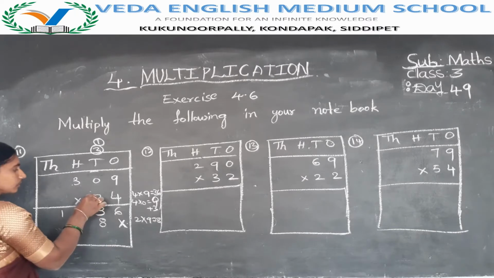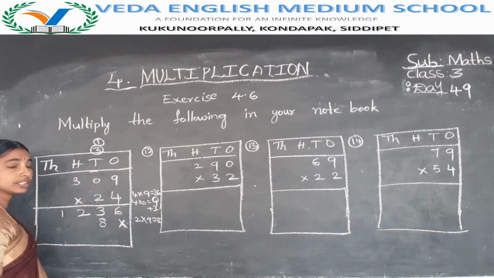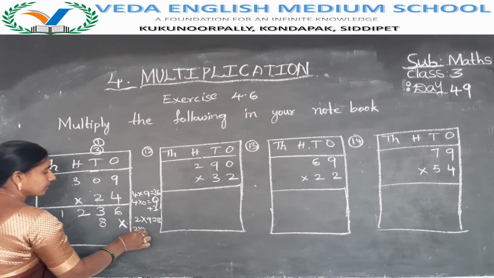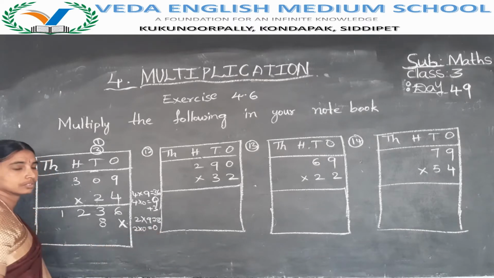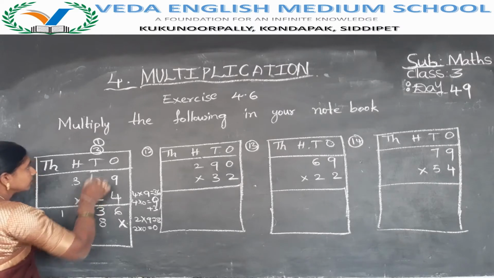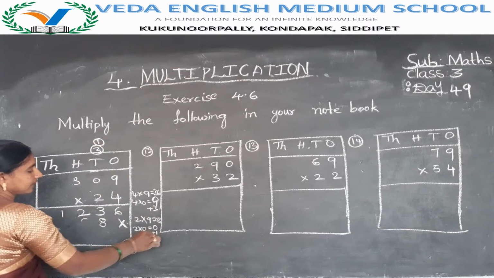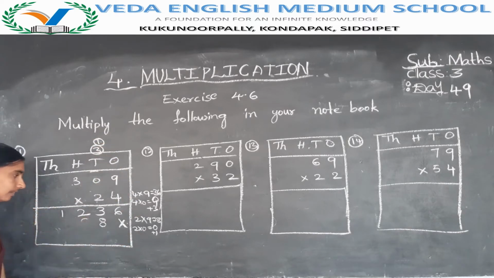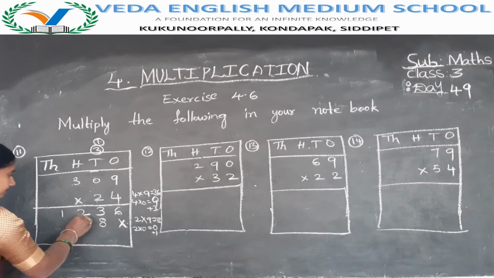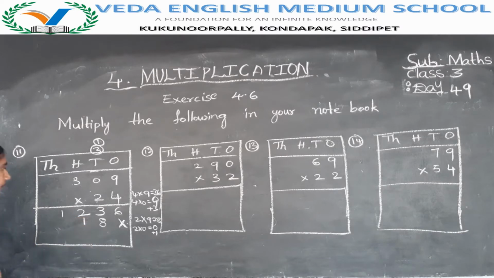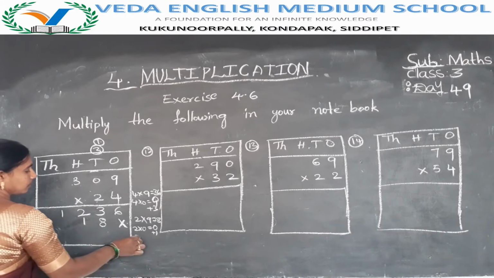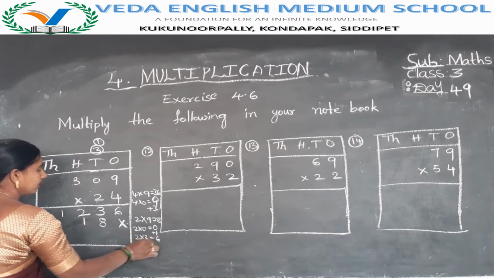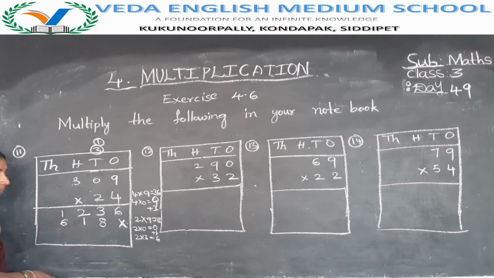Next, 2 into 0. 2 zeros are 0, plus 1 is 1. So write here 1. Next, 2 into 3. 2 threes are 6. So write here 6.